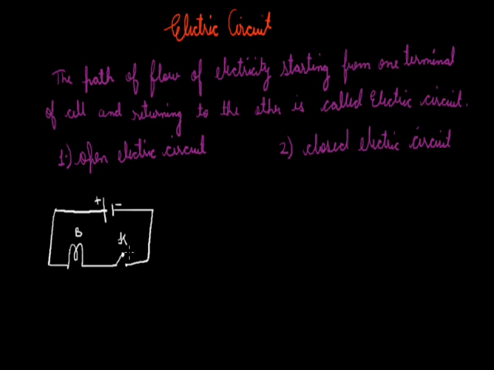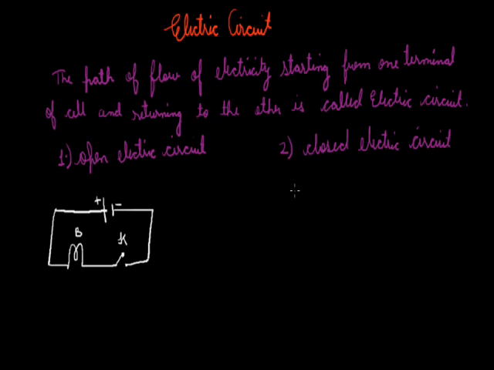So in an open circuit, the key is open, which breaks the connecting wires, due to which the circuit remains incomplete. Due to the incomplete electric circuit, the current does not flow. So in an open circuit, we do not have any current, meaning the bulb does not glow.